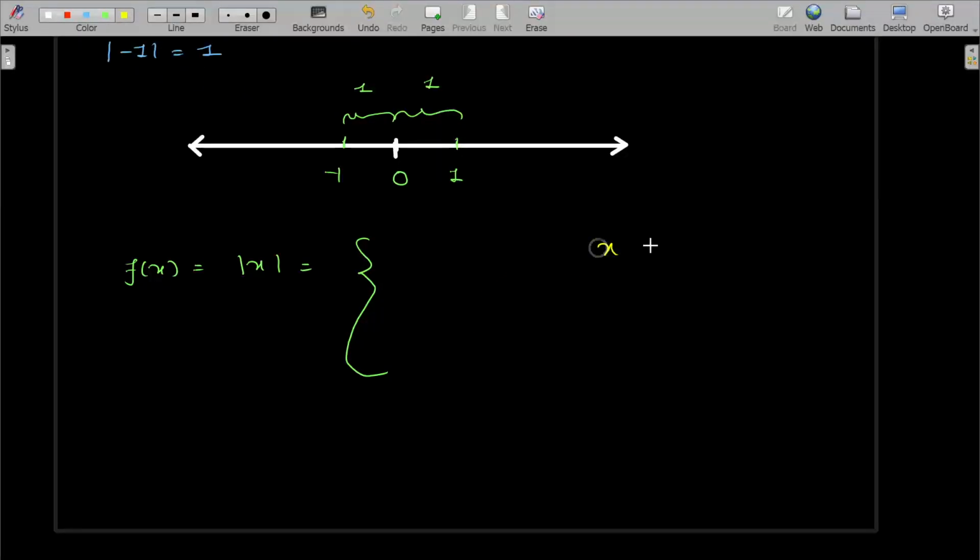So if x is greater than 0, then something is happening, and if x is less than 0, then something else is happening. Okay, so do you know the function form of absolute value, Anishka?